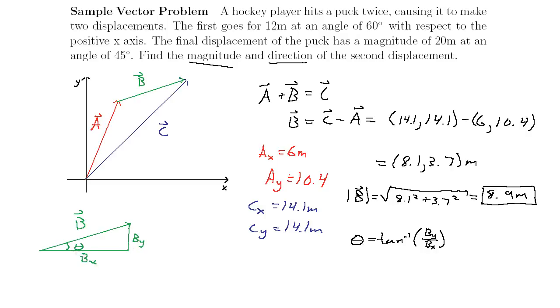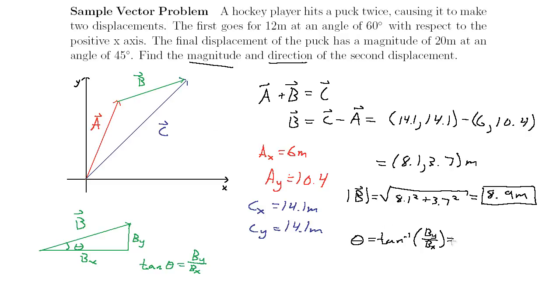So we're interested in finding theta, and just doing basic trigonometry, the tangent of theta is equal to opposite over adjacent, so it's equal to By over Bx. And then you just take the inverse tangent. Theta equals the inverse tangent of By over Bx. And we can plug in our numbers.